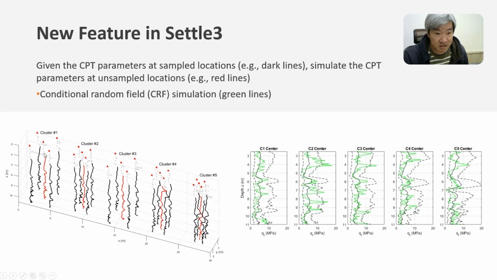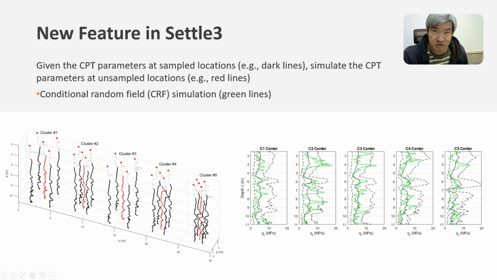Say, for instance, at this cluster 1 central location, this green line is 1 conditional random field sample for the cone-tip resistance. You can simulate this cone-tip resistance once and get 1 green line. You can simulate it hundreds of times to get hundreds of green lines.